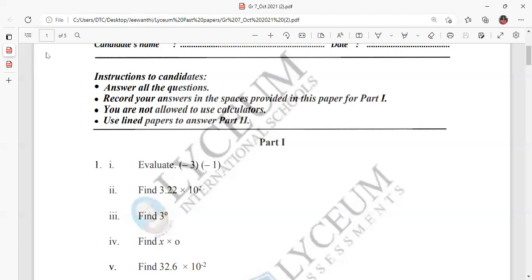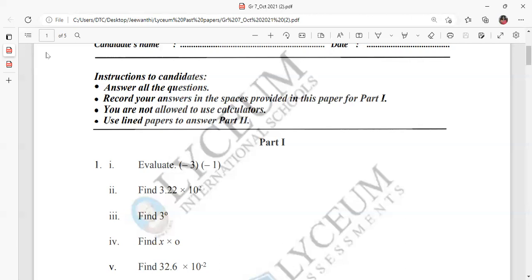Let's say that when your teacher is marking your paper, she or he realizes that all the answers are correct, but still you don't get the marks. Why is that? You may think that if my answers are correct, why is my teacher not giving the marks? Because you have not read the instructions.